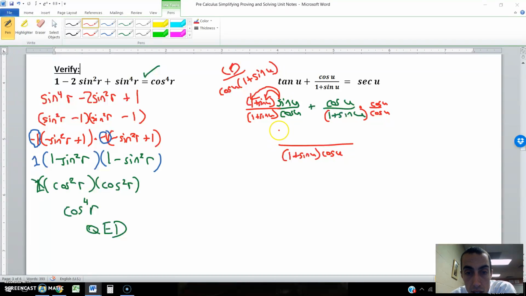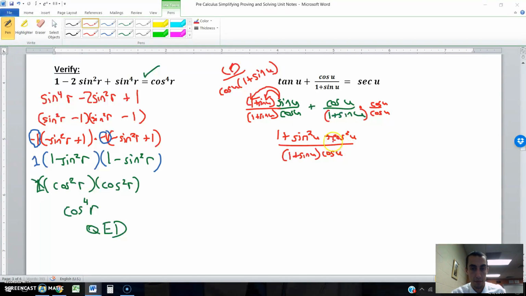Because I foresee that if we did the distributive property up top, I'm going to end up with a sine squared plus a, whoops, this wouldn't be a 1, this would be a sine of u, because we use the distributive property from here to there. I see that after using the distributive property, we're going to have a sine squared plus cosine squared.